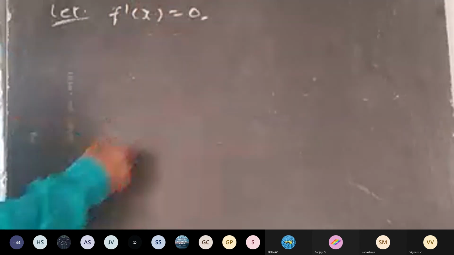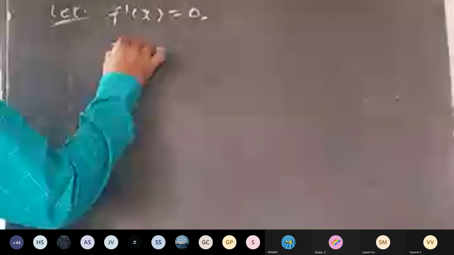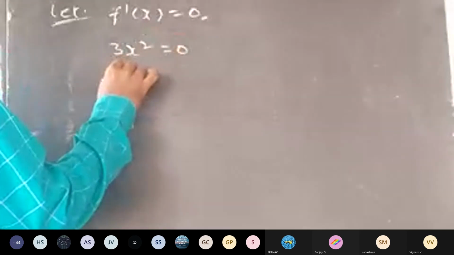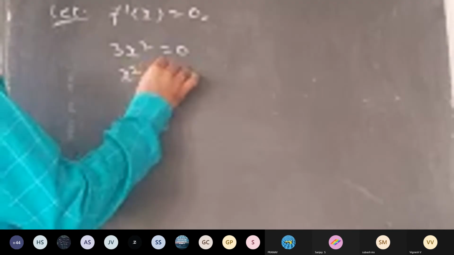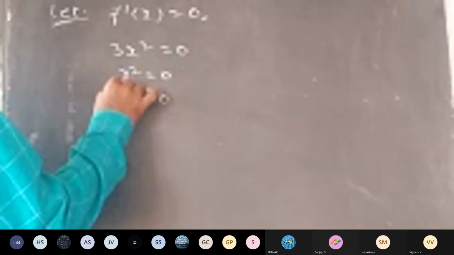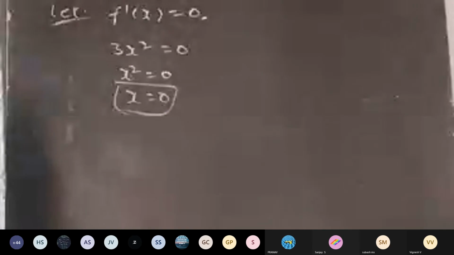So f dash of x is equal to 3x square. Now let the critical point be f dash of x equal to 0, so we can find the x value. So 3x square is equal to 0, x square is equal to 0.